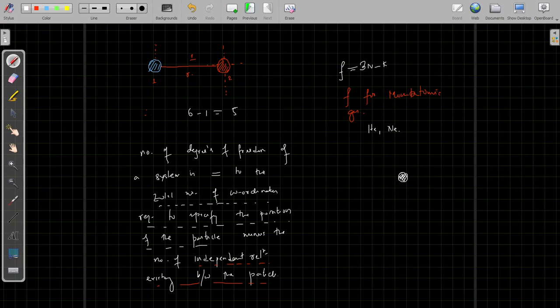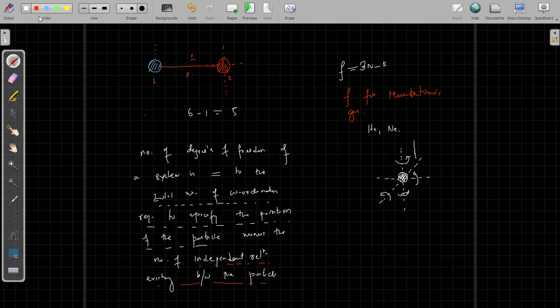Therefore it is capable of rotating about any axis. It is capable of moving along any axis.